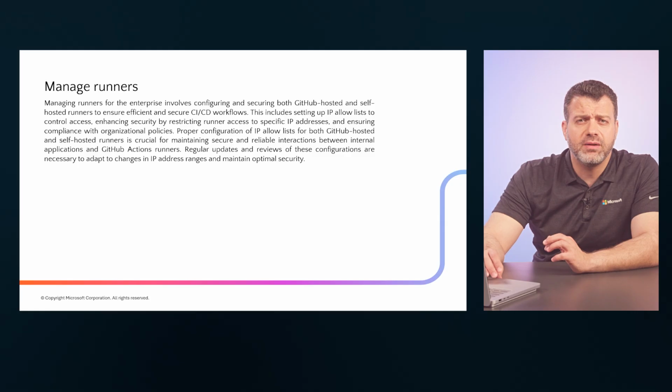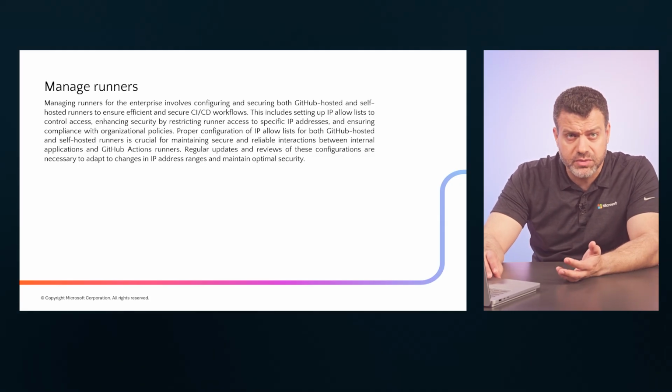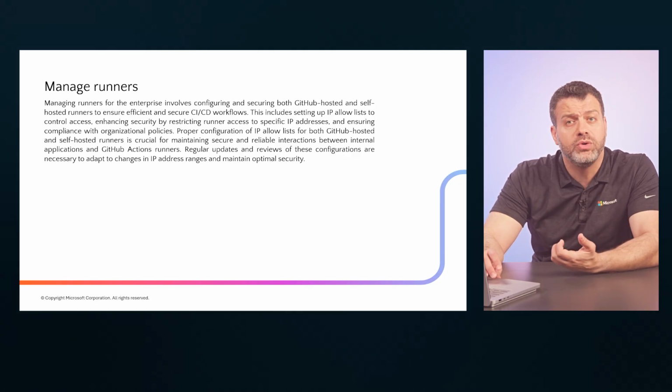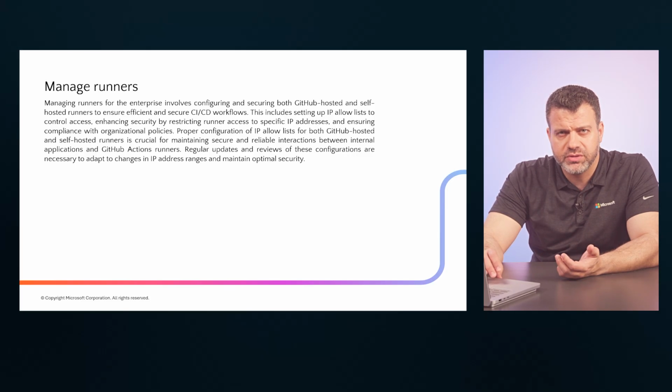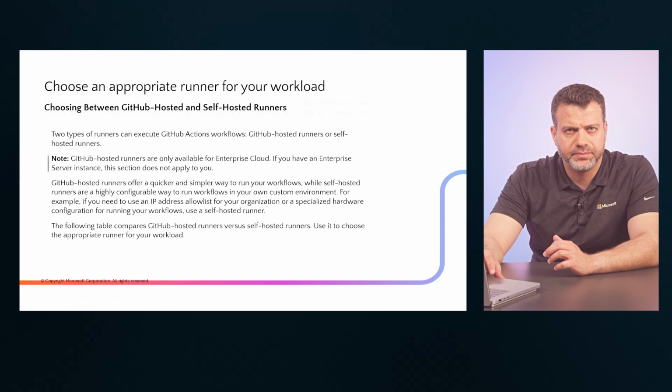In an enterprise environment, this becomes especially important because runners interact with internal systems. They run potentially sensitive workloads that could be harmful if leaked, and they must follow security policies. Managing runners is really about balancing performance, cost, and security.